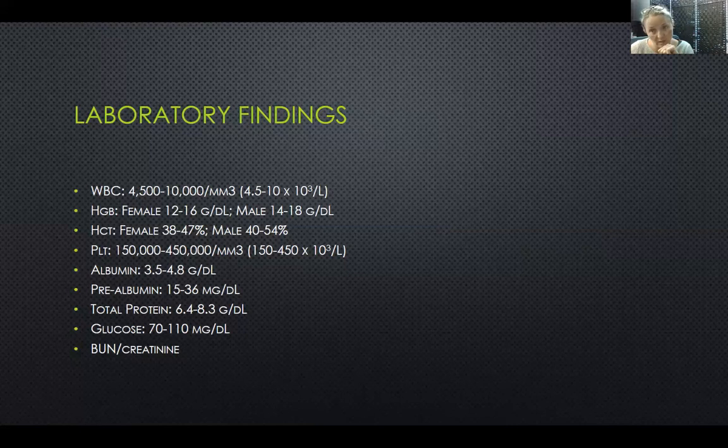So decreased nutrition, decreased healing. With blood glucose, if it's high, that may impede circulation and delay wound healing. And then if your BUN or creatinine are altered, it could be a sign of dehydration, and you need adequate hydration for wound healing.